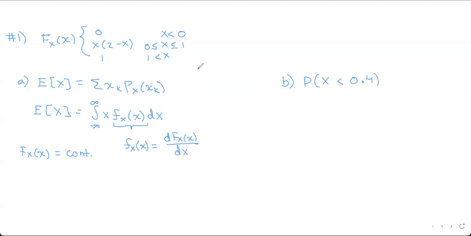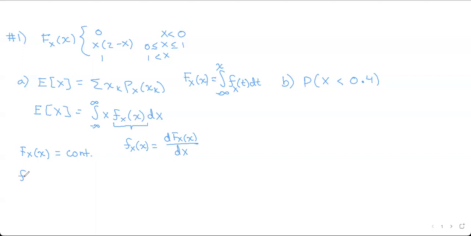And just so y'all remember, if you have the PDF and want the CDF, you would take the integral from negative infinity to x of the PDF, and you'd use a different variable on the inside because x is up here in the integration bounds. Okay, so now that we know how to find the PDF, let's go ahead and find it.